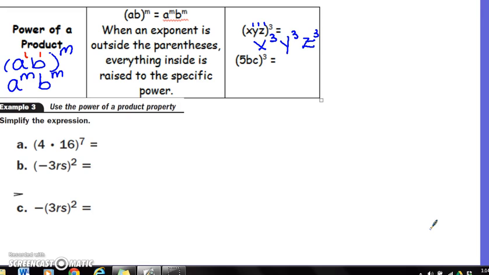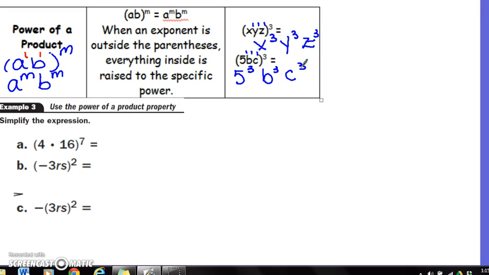But we also have hidden ones on the 5bc, the third power. On top of them all, there's a hidden one. So you're going to have 5, 1 times 3 is 3. b, 1 times 3 is 3. And c, 1 times 3 is 3. But we can figure out what 5 to the third is, as long as we're not going to get a humongous number. Not 15.